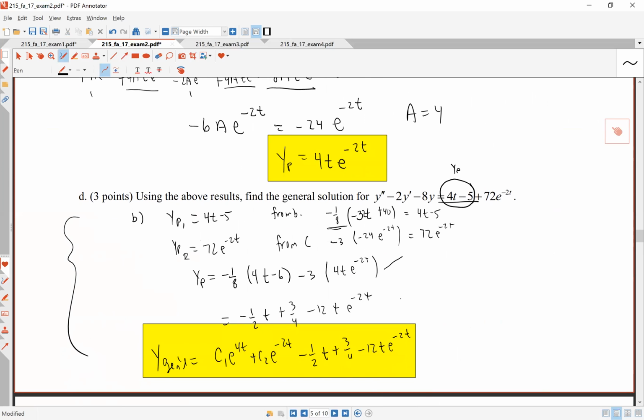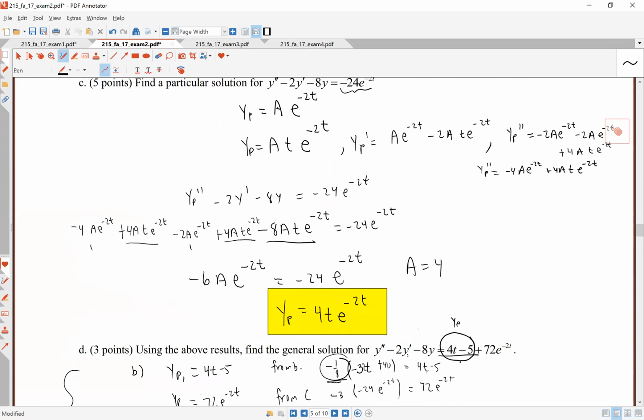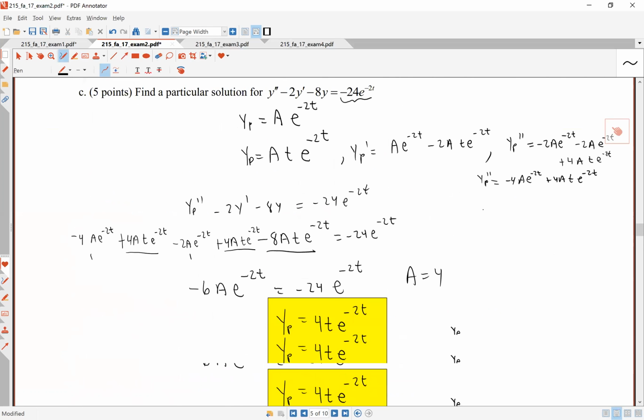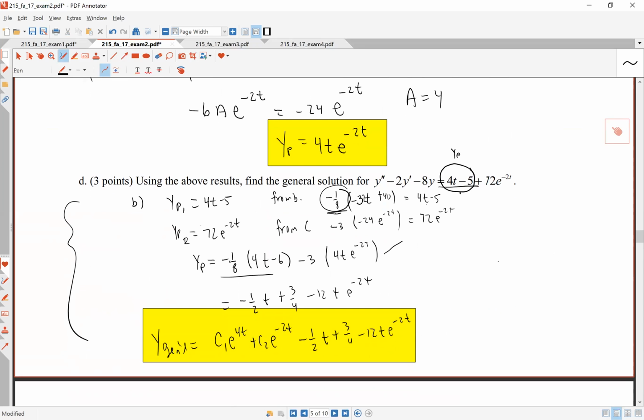Isn't that supposed to be the minus 5? No, because you're supposed to take negative 1/8. Once we found out that negative 1/8 of the non-homogeneous portion from B came out to the non-homogeneous portion in D, then that's the coefficient you use, and you multiply it by that solution, times 4t minus 6. Okay, yeah. Thank you. Sorry about that. Oh, no problem.